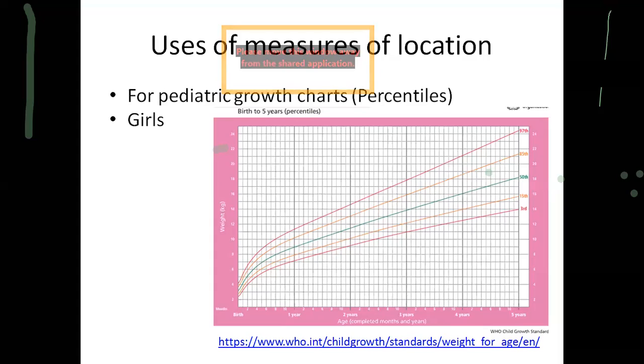I will explain in a future slide why we use percentiles or quartiles instead of mean and standard deviation.